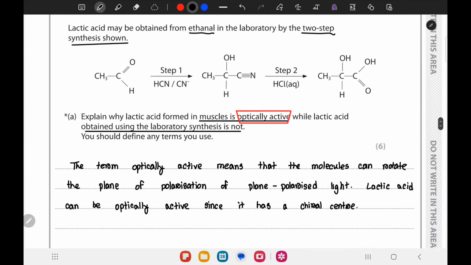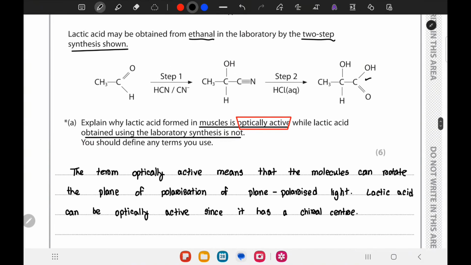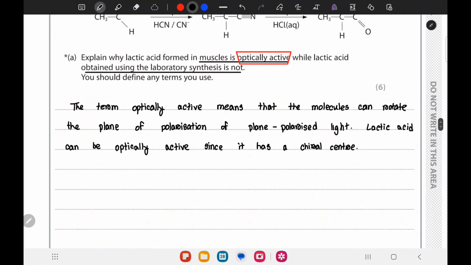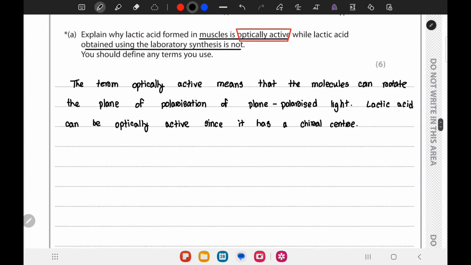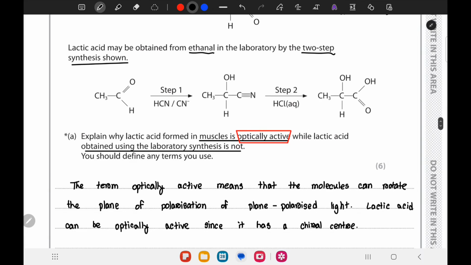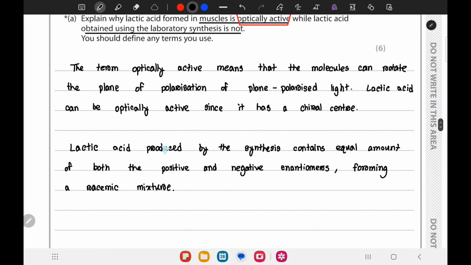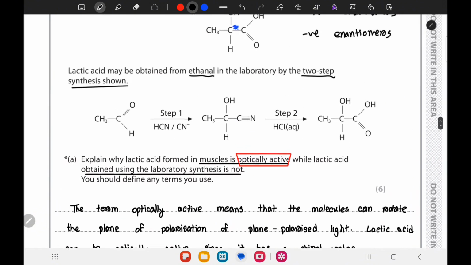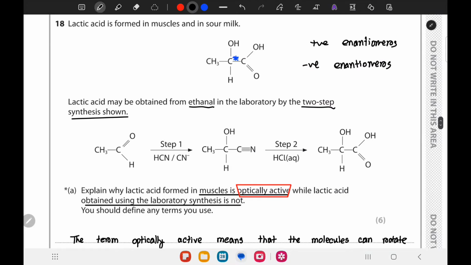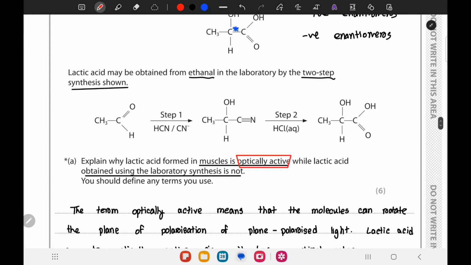So we must have the same number of moles of negative and positive enantiomers when we produce it through laboratory synthesis. This is called a racemic mixture. So we write down how the lactic acid produced by the synthesis contains equal amount of both positive and negative enantiomers, which forms a racemic mixture. Now we have to explain why this is the case.